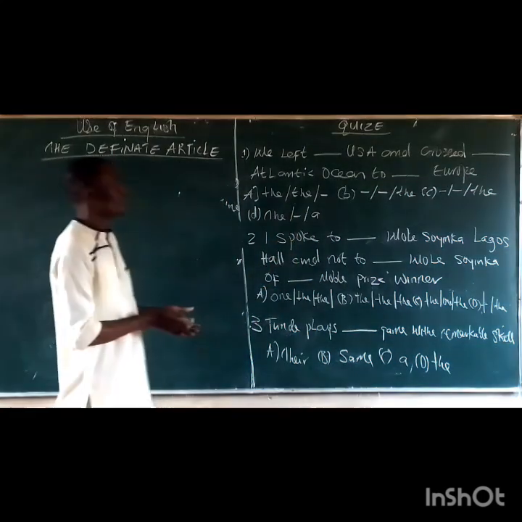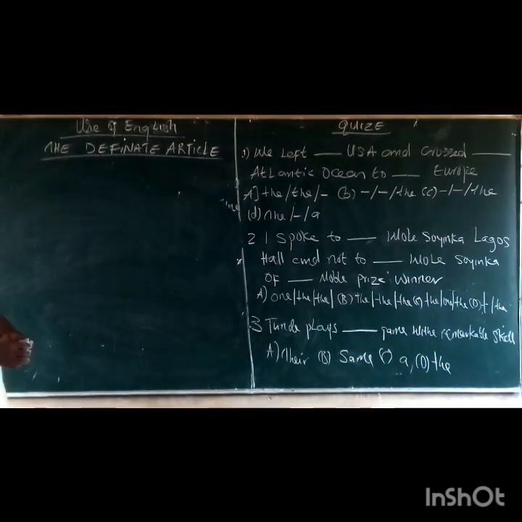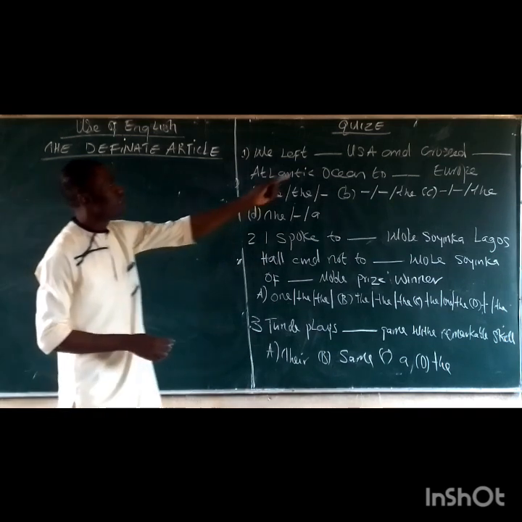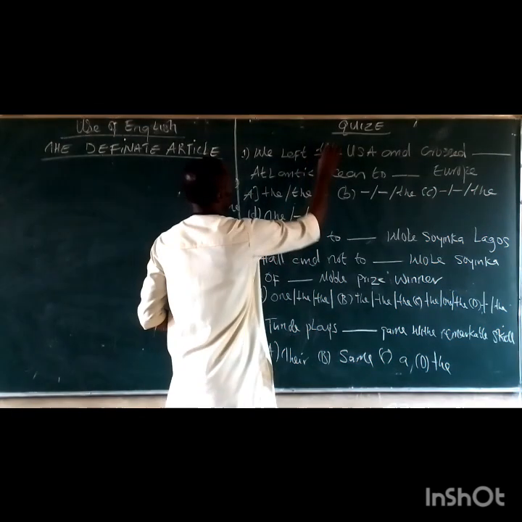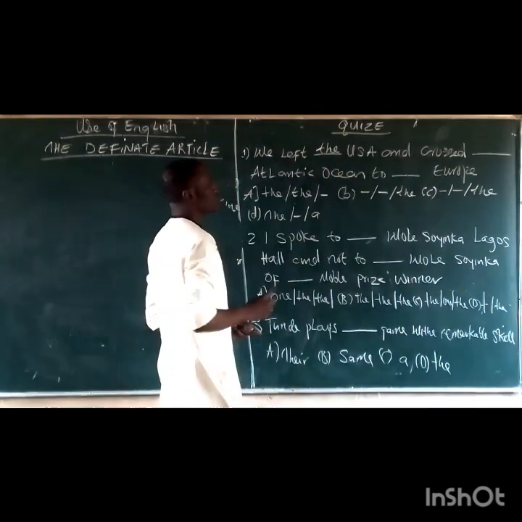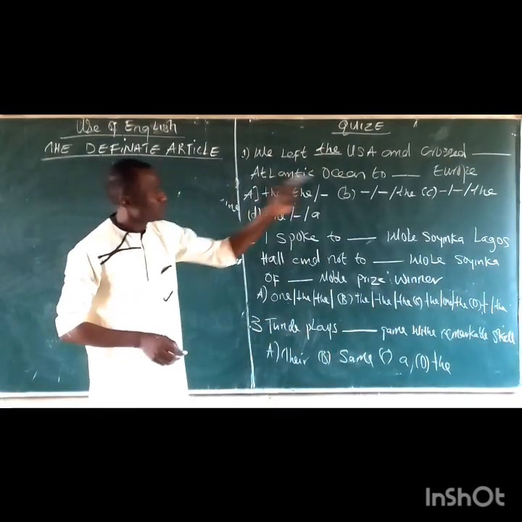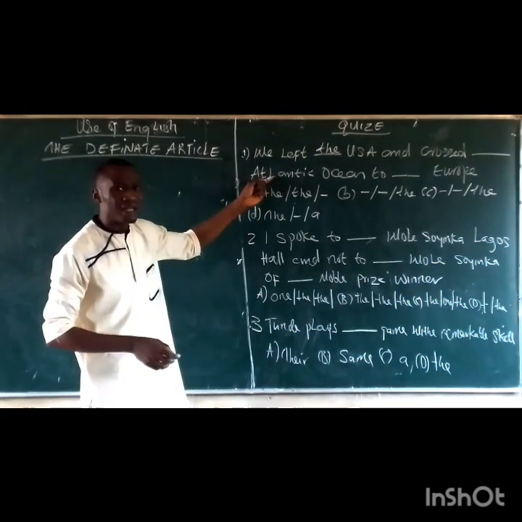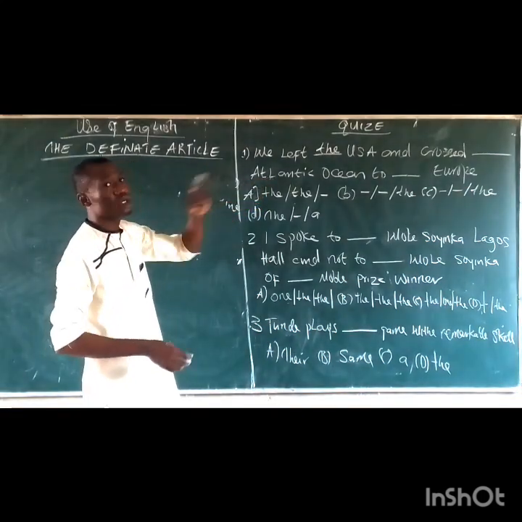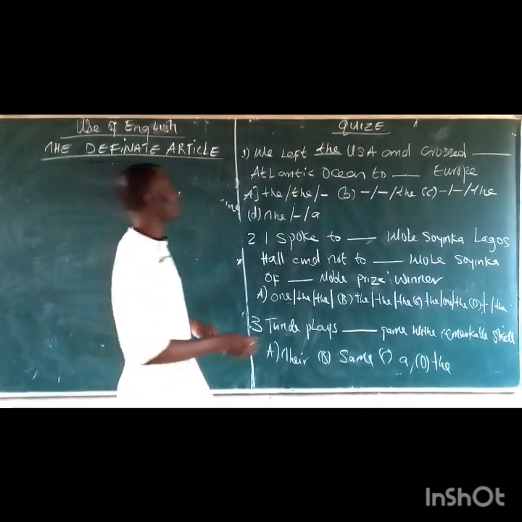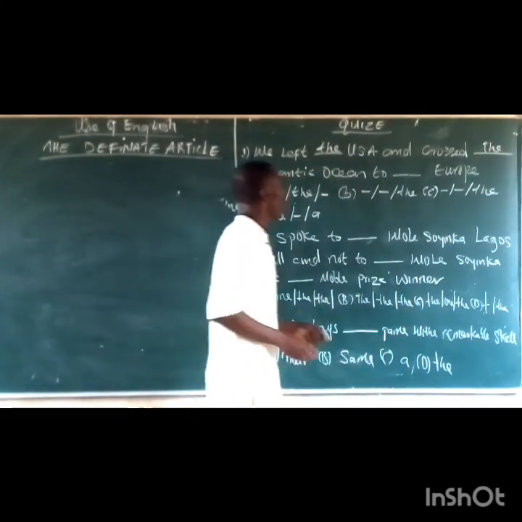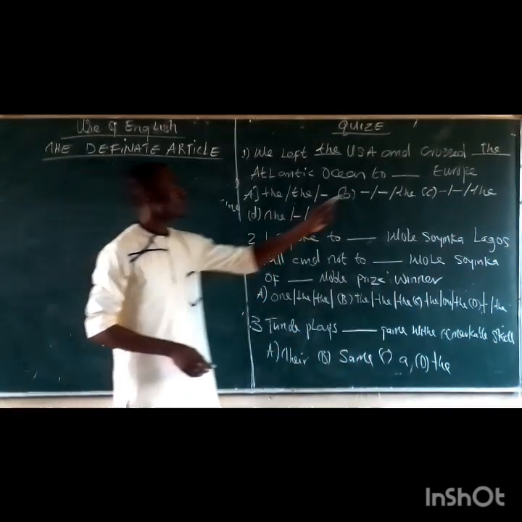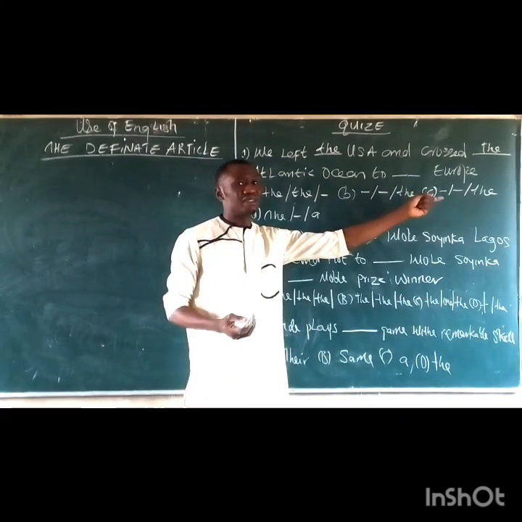Okay, let's go to the answer on the board. It says, we left dash US and cross dash Atlantic Ocean. The US should attract the definite article D. The answer is we left the US and cross the Atlantic Ocean. Atlantic Ocean is a geographical location, so it should attract D. To Europe: Europe is a continent.